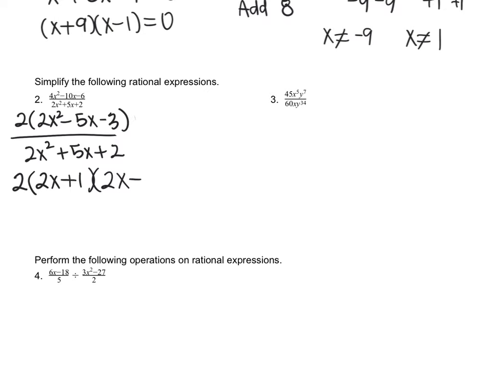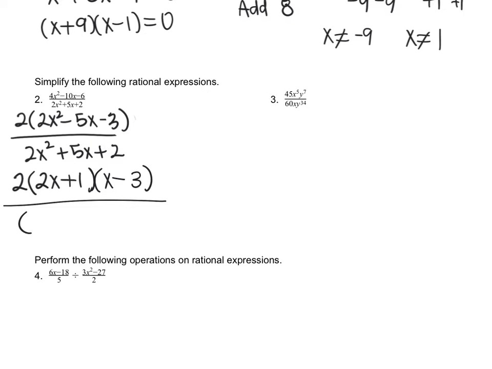So it's going to be 2x plus 1, x minus 3, not 2x, just x. There we go. Now it's correct. So you should have 2 parentheses 2x plus 1, x minus 3.